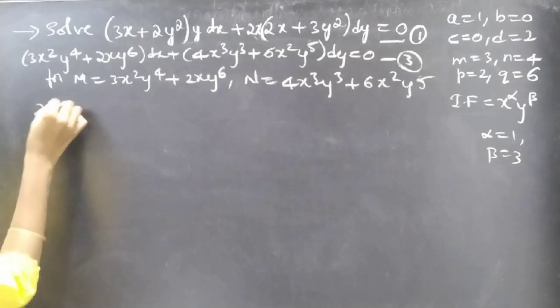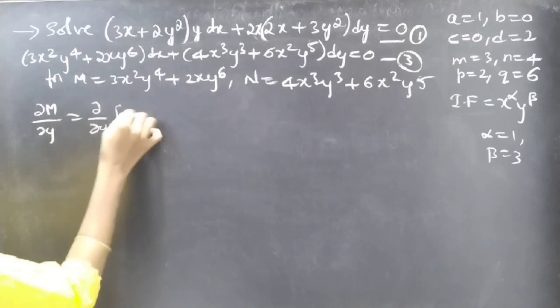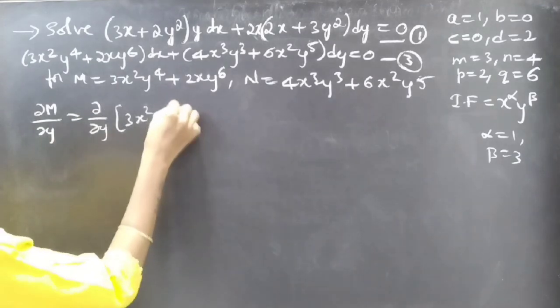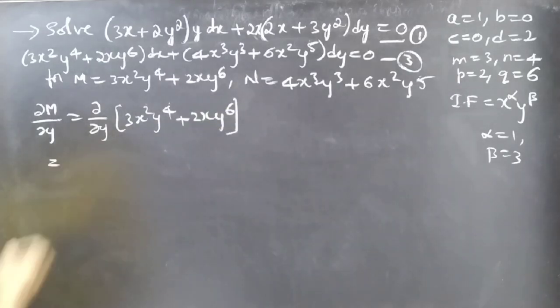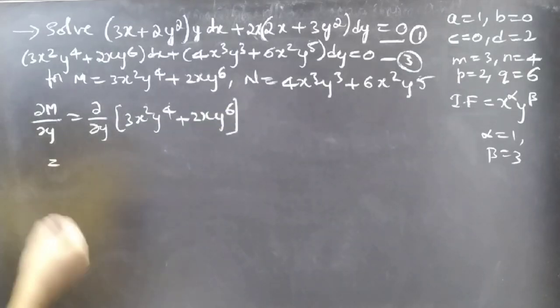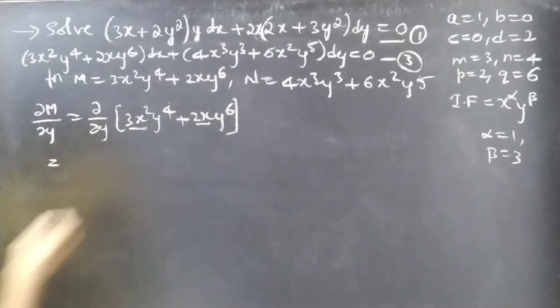Let's now find partial derivative of m with respect to y. For m equal to 3x square y power 4 plus 2x y power 6. Right? Here we need to find partial derivative with respect to y. So x is treated as constant. In the first term 3x square is constant and in the second term 2x is constant.